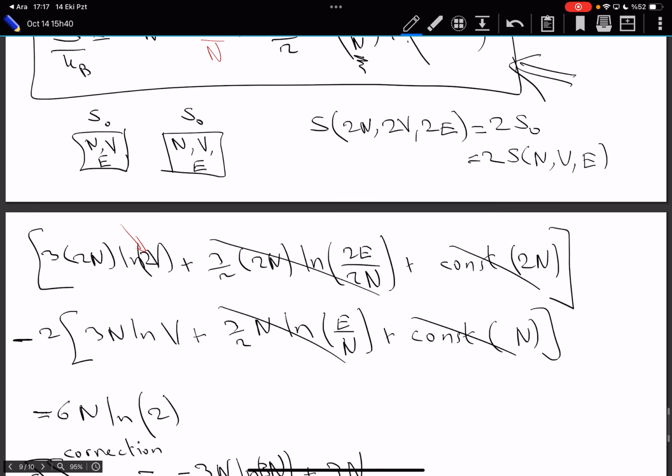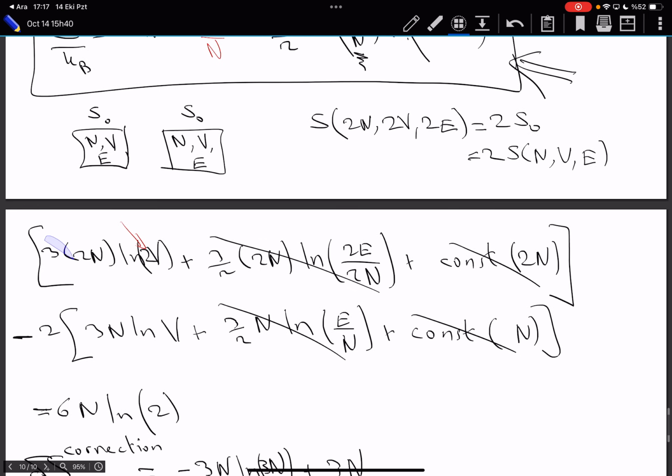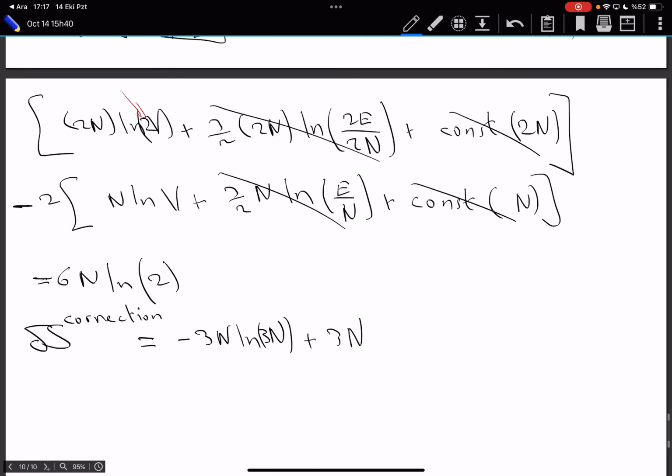There is no 3. This is just 2, so there's no 3 here. I don't want this 3 anymore. Okay. Now it looks quite familiar. It should look familiar. What is that?